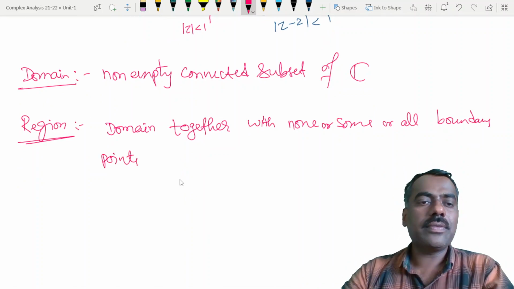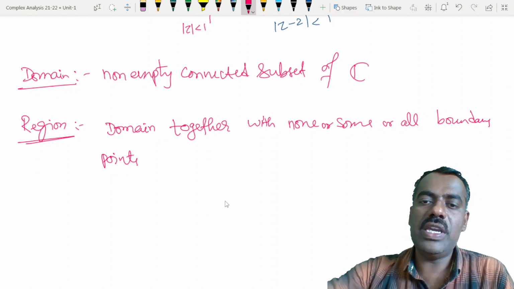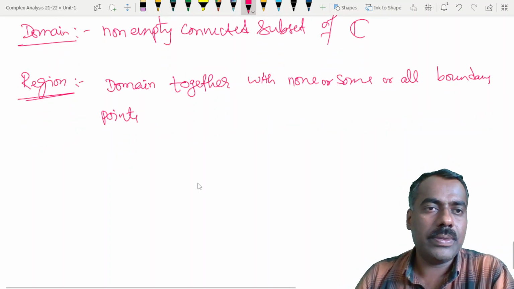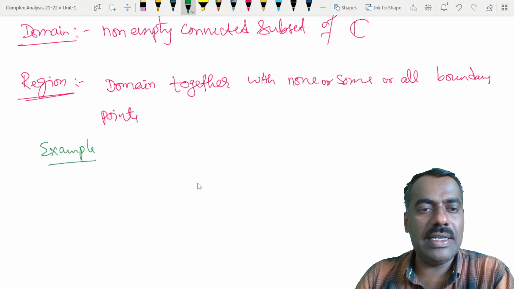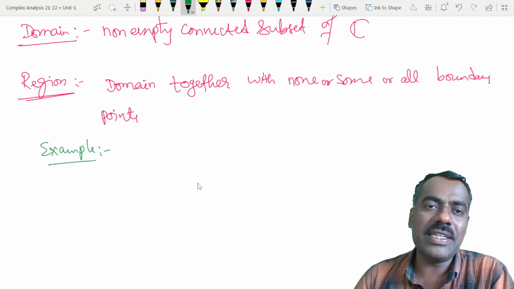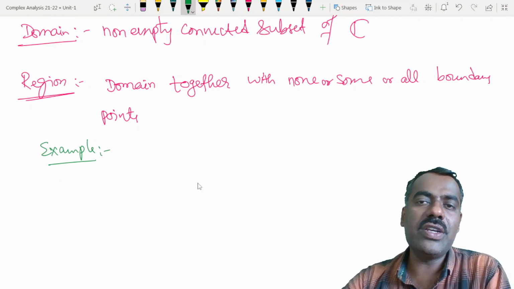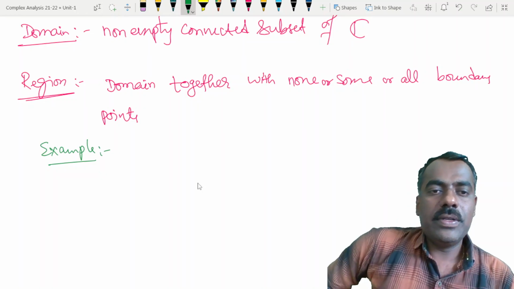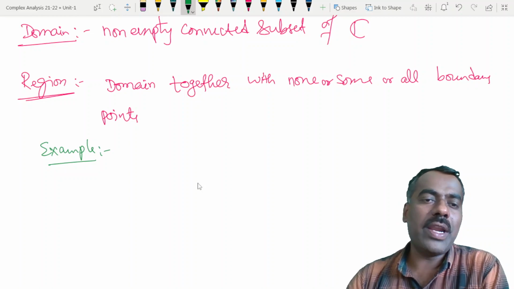So a region may not always be a domain, because we may consider some boundary points or all boundary points also. Is the difference between domain and region clear? Domain means it should be open, non-empty, and given any 2 points, it should have the connected property, whereas a region can have some or all boundary points also.